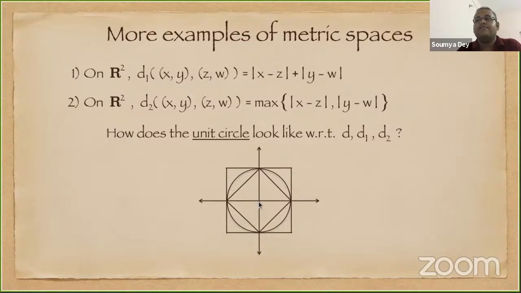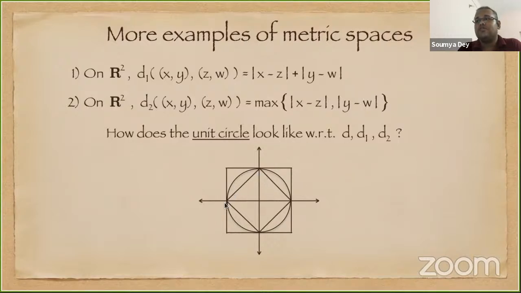In each of these metrics, you consider all points on R2 such that the distance from the origin is 1. For the usual or Euclidean metric, this is basically this circle, which is called the unit circle. But what about the other 2?